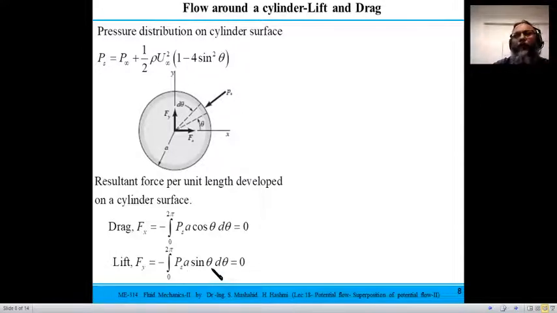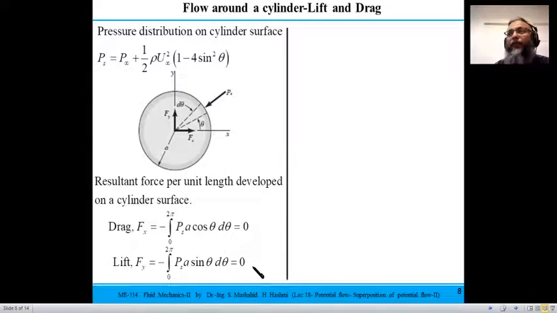But you can think of this logically, because sin theta is this curve. Over 0 to 360 degrees, one half is positive, the other half is negative. If you add the area under the curve from the positive half and negative half together, the result is 0. So you can see from the logic as well, this drag force is 0.